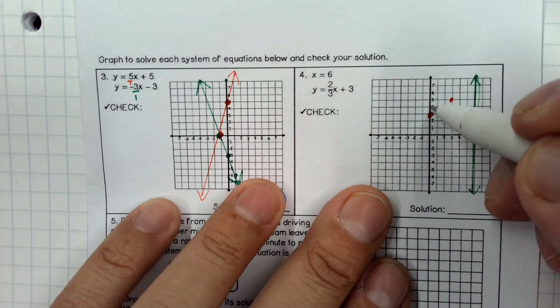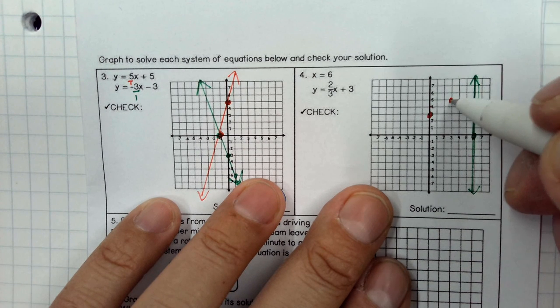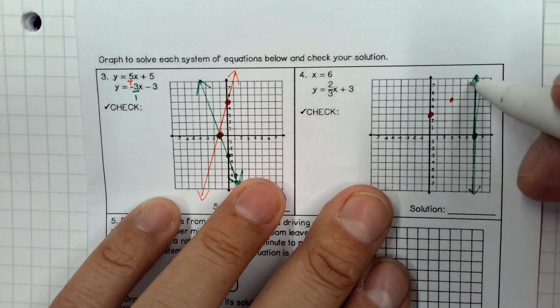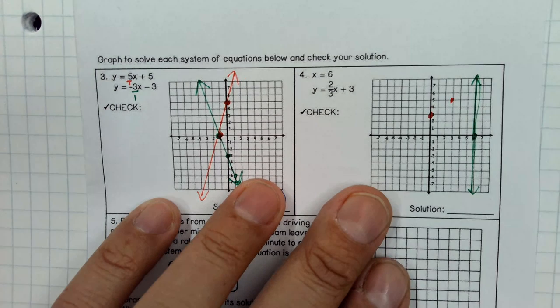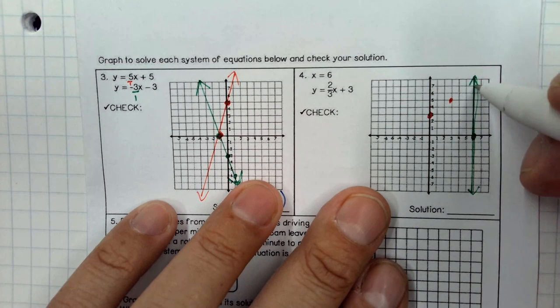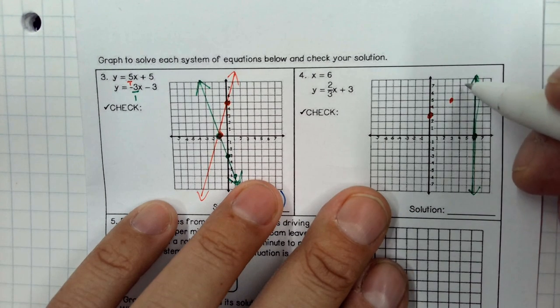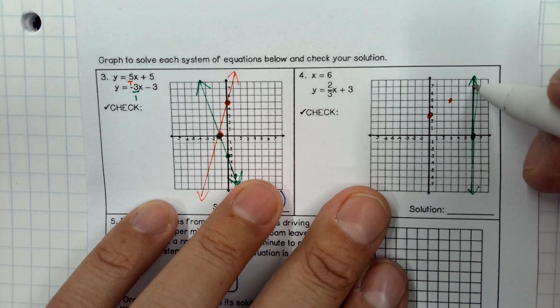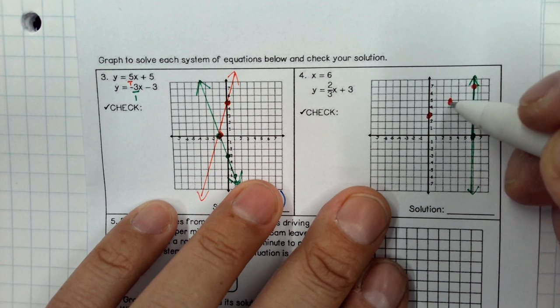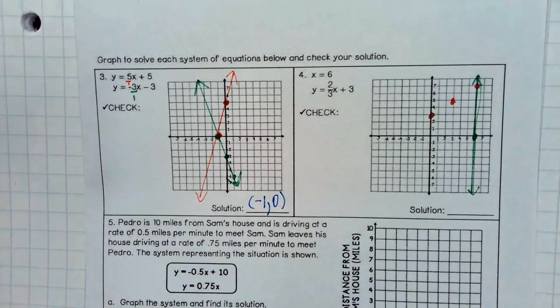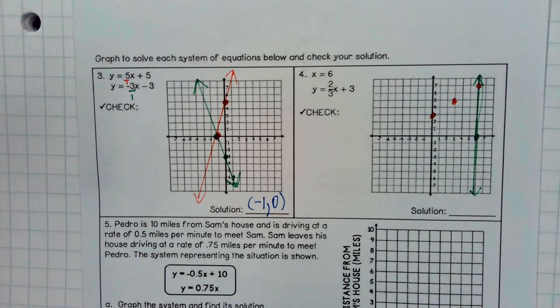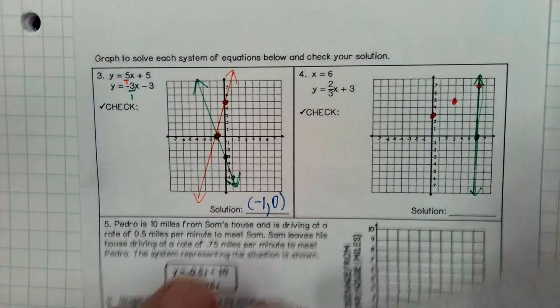Make sure I did that right. 1, 2 over 3. Up 2 across 3. What's going to cross right there? Way up in the corner. It looks like.